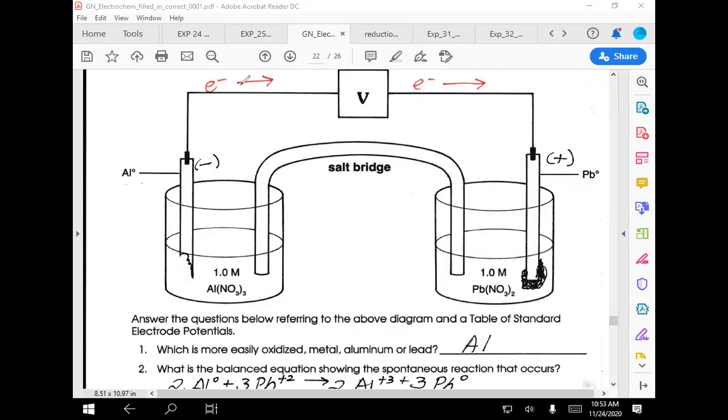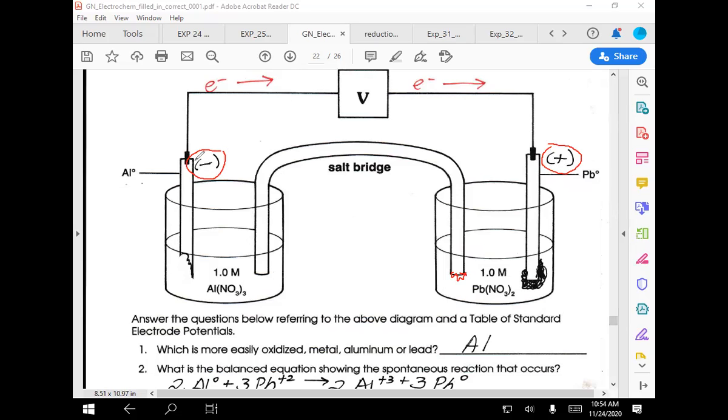So if this one is losing electrons, that's why it's going to be the negative. And electrons are going through a voltmeter. And then if this one's gaining the electrons, that's why it's positive. And then your salt bridge would have like a little piece of cotton here.